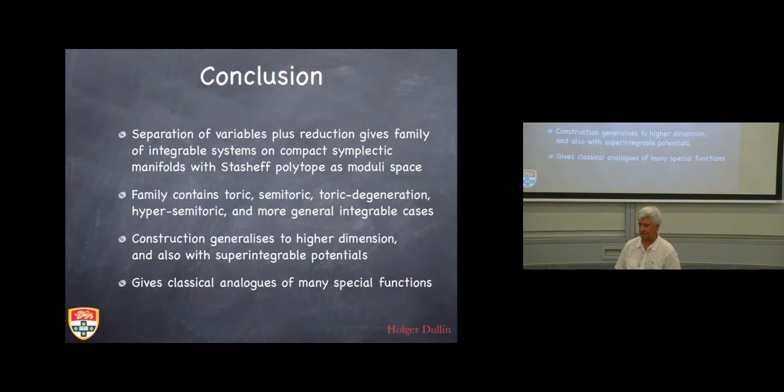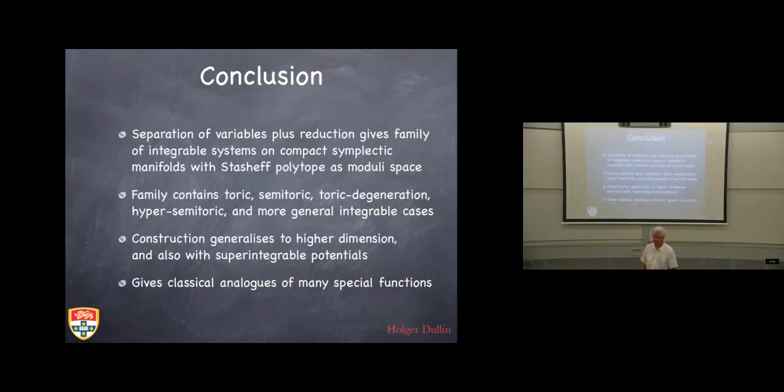It shouldn't be competitive. So you're right. The action variables that I wrote down, J1, 2, 3, are the action variables for the upstairs system. But in a way, the upstairs system doesn't have unique action variables, because there are all these choices.